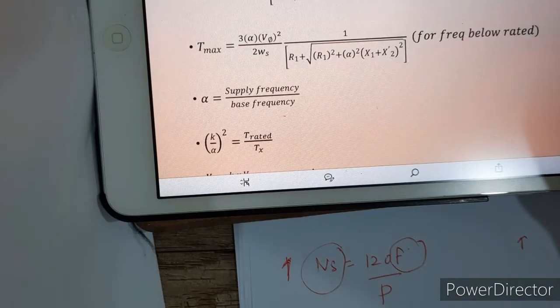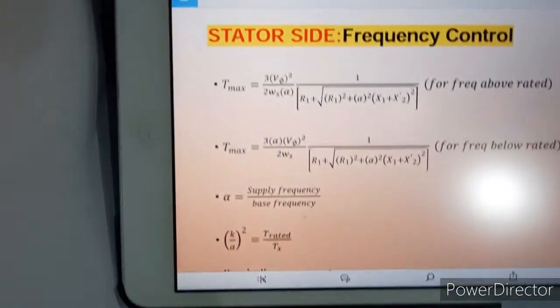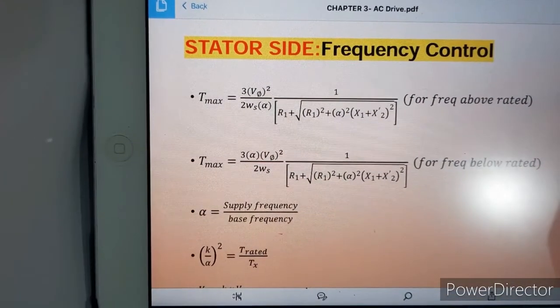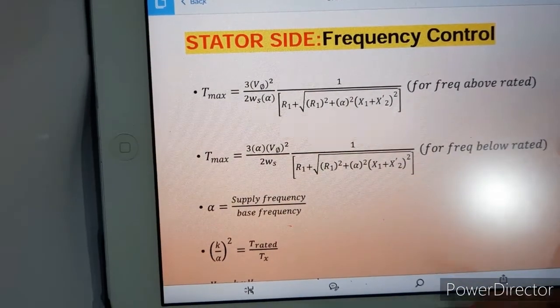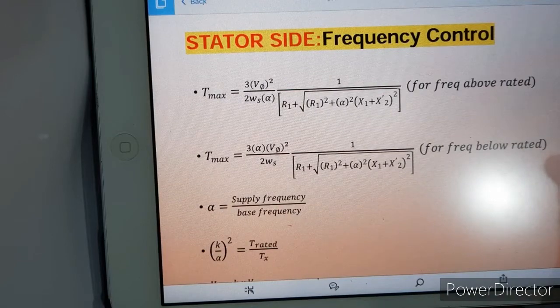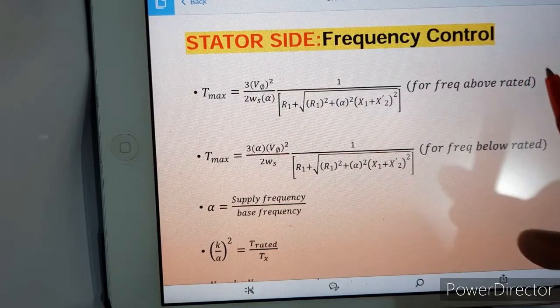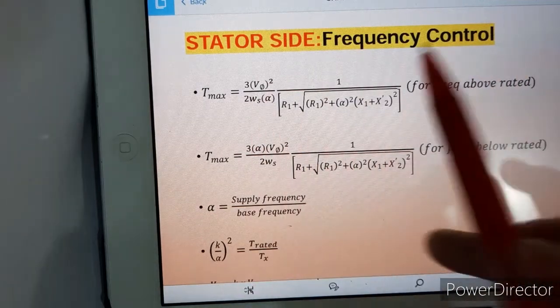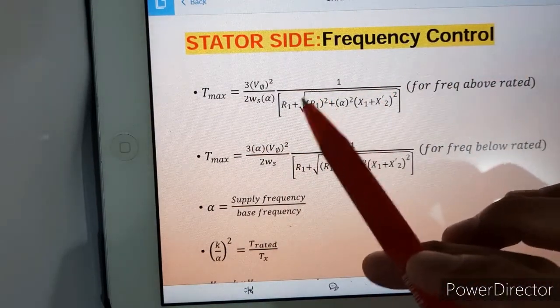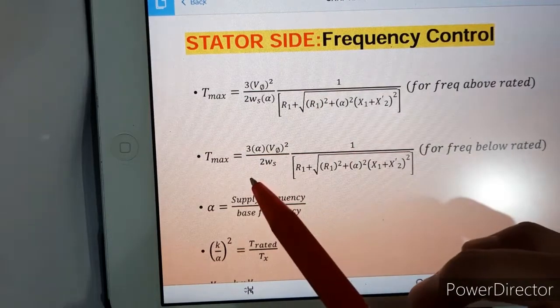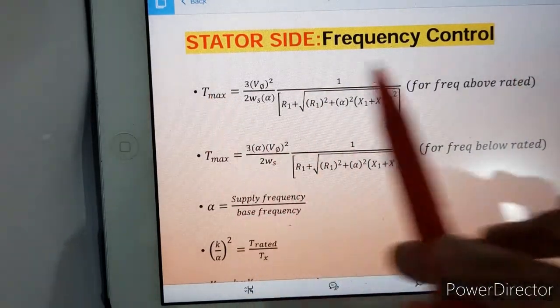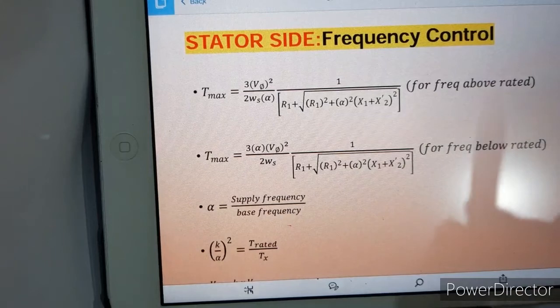This is the formula used to analyze the method for frequency control. T max, the maximum torque, you can write this formula. This T max is used for frequency above rated.